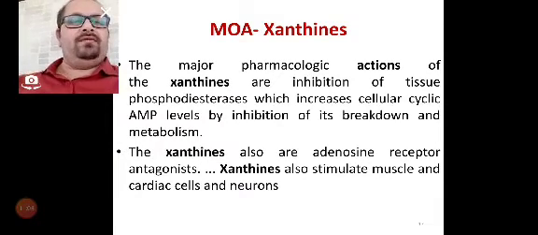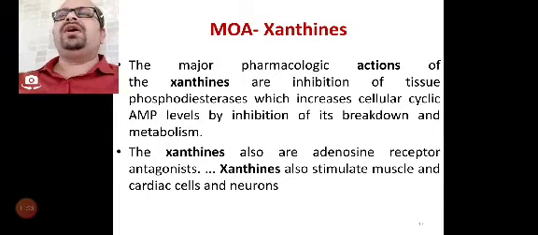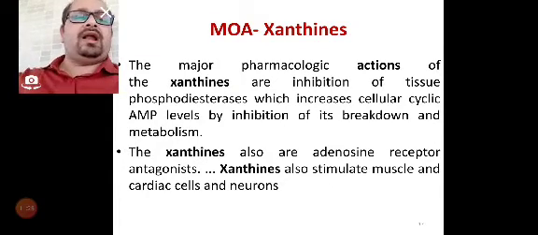This is one way of action of xanthine alkaloids. Second, xanthines are also adenosine receptor antagonists, and that's why xanthines also stimulate muscle, cardiac cells and neurons. This is the second way by which the xanthines act.